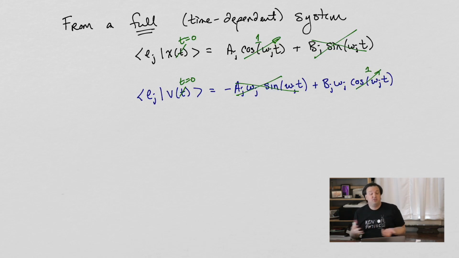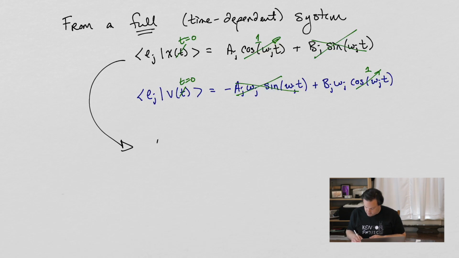Now I'm able to actually solve for what a sub j and b sub j are. Let me do that quickly, and then we'll talk about it. So a sub j, well, that's just equal to e sub j dotted with the initial positions of all of the masses, or all of the blocks.